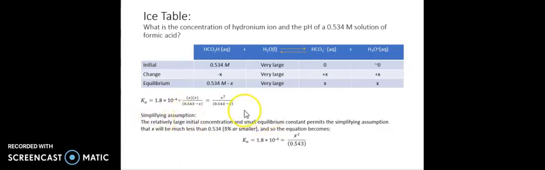Now, if I go to the next step, I can make a simplifying assumption. I began earlier in the slide saying that when I have a Ka, the concentration of the unionized acid is generally much, much larger than the ionized form.